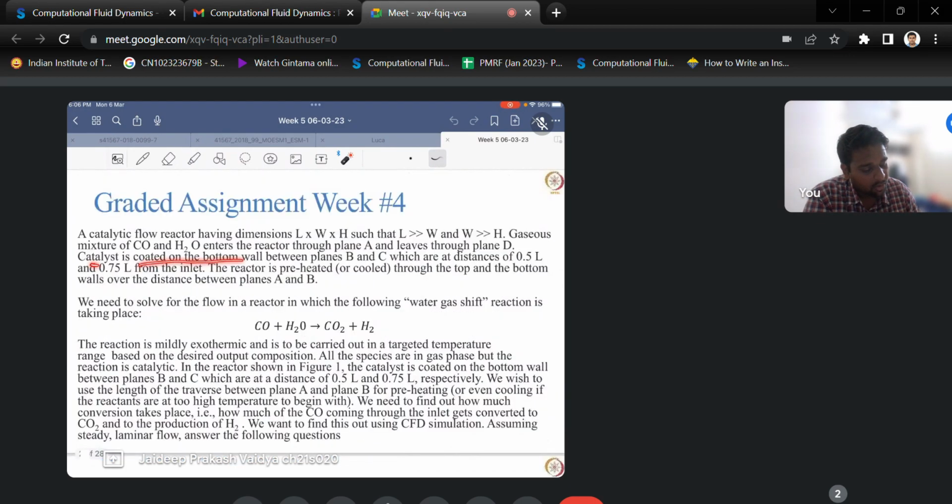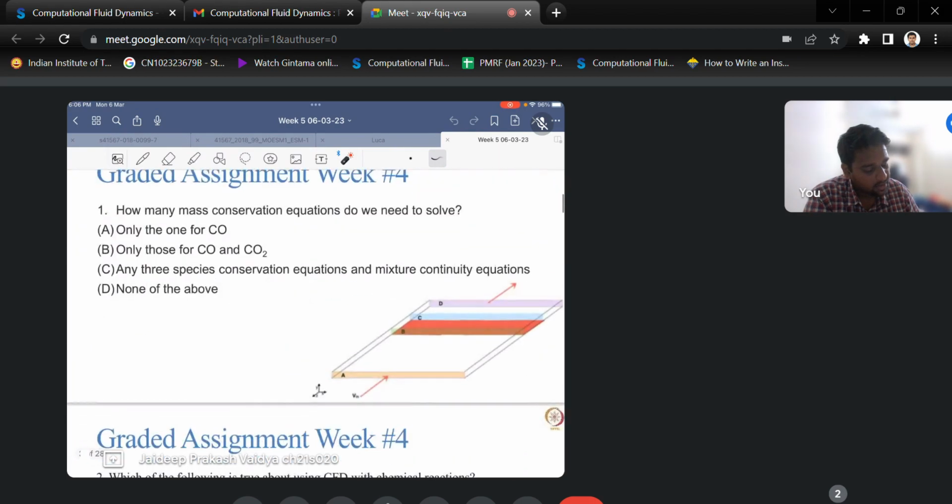Catalyst is coated on the bottom and top wall between planes B and C, which are at a distance of 0.5 and 0.75 lengths, of the total length. This is L, so between B and C, this is 0.5, this is 0.75.